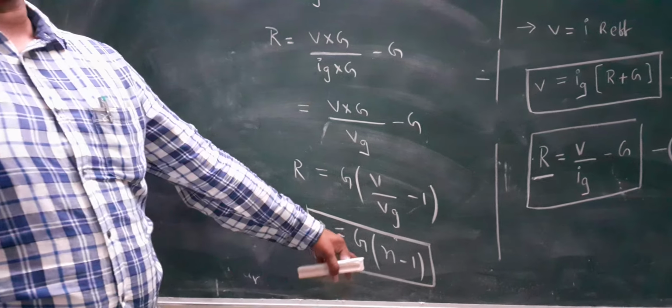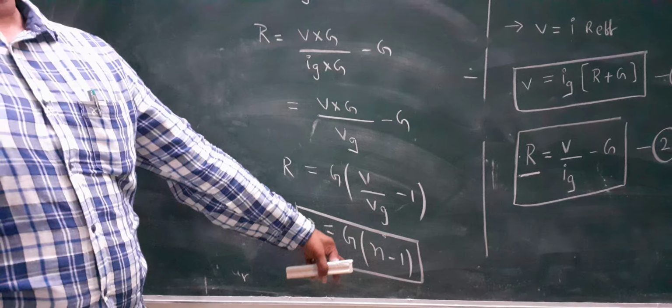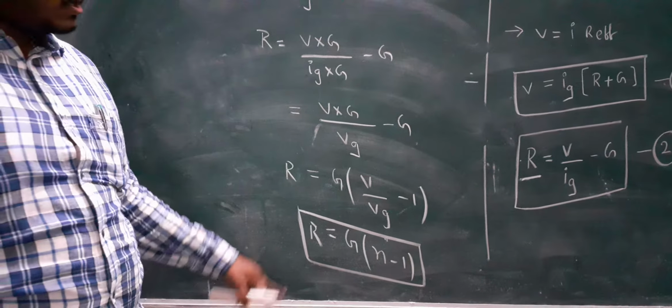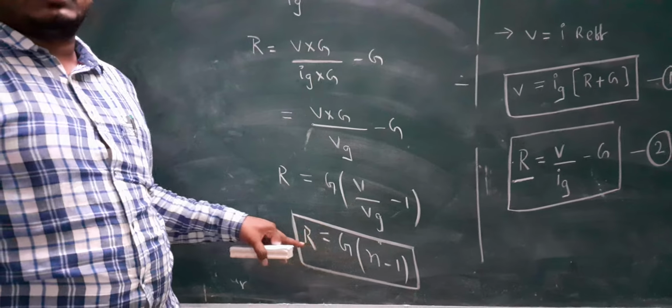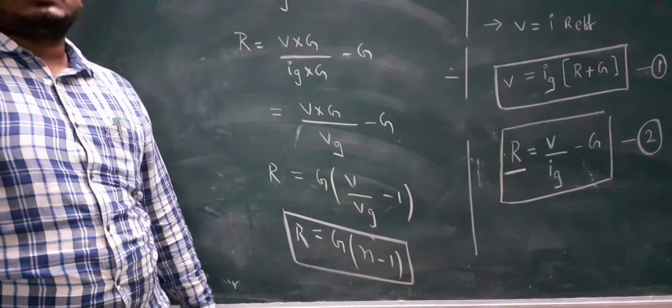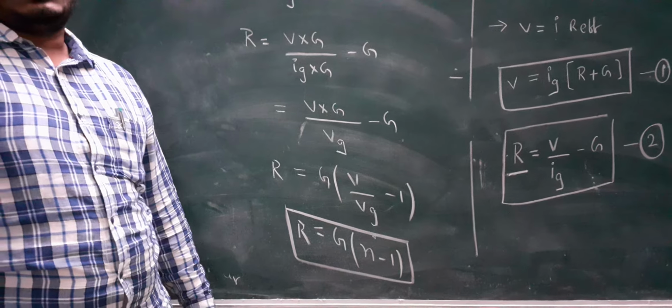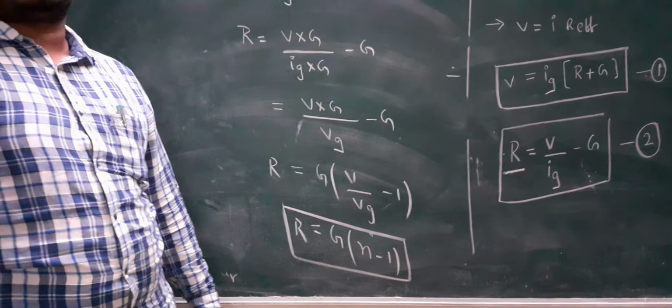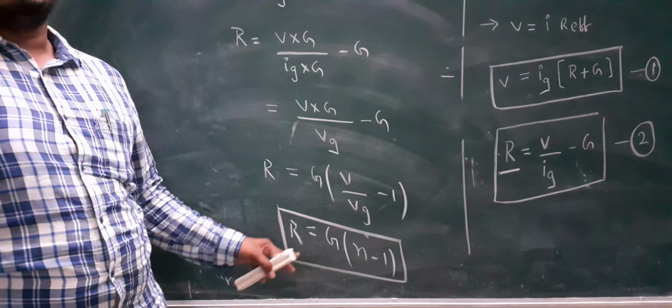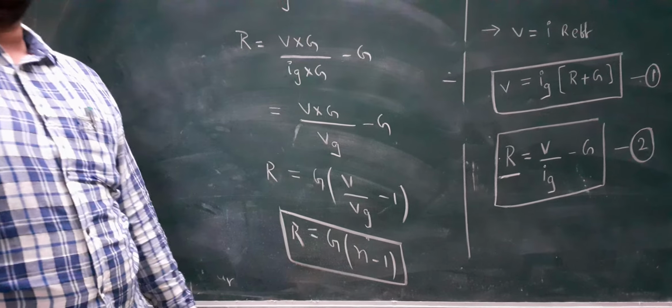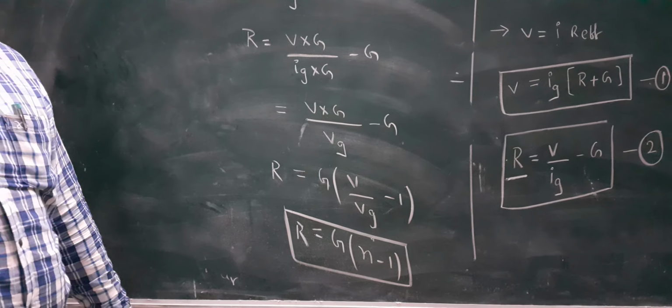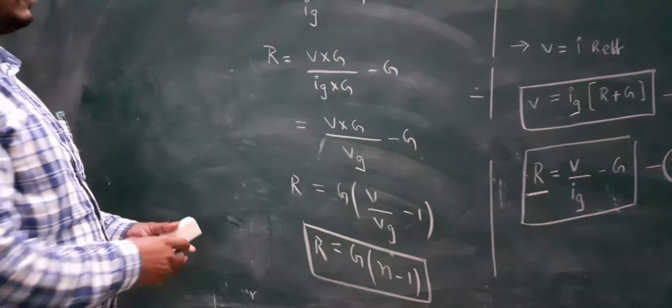So this N is called the range of the voltmeter. This can be asked in the JEE exam. What is the relation between the external resistance R and G? The formula is R equal to G into N minus 1.